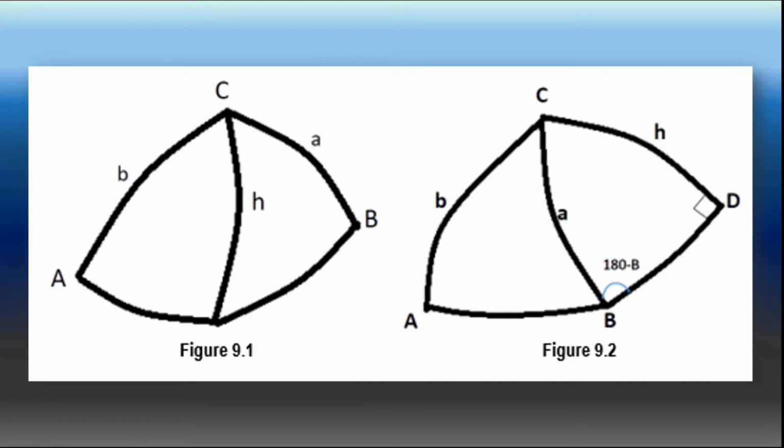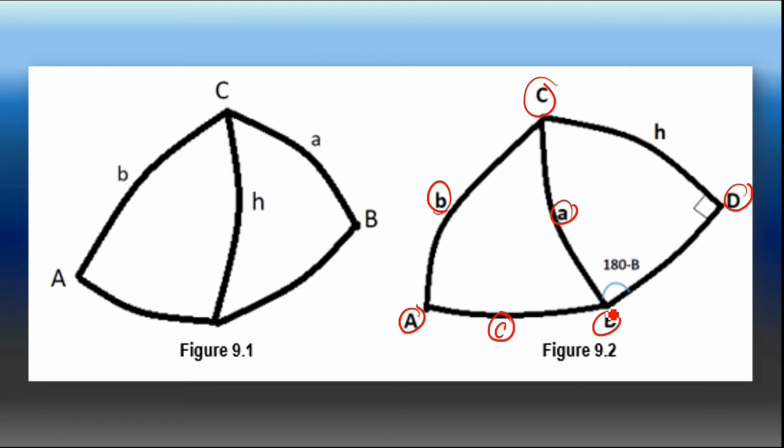You can also notice here that if we have A, B, and C, this is side B, this is side A, this is our side C. If we have another portion here, like this, we have the angle D as you can see. And this angle D is a right angle.